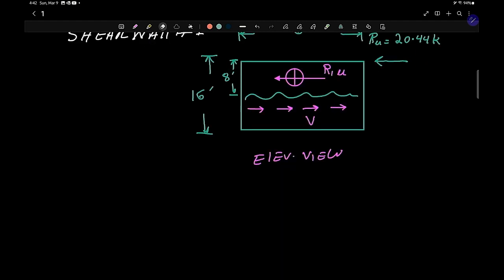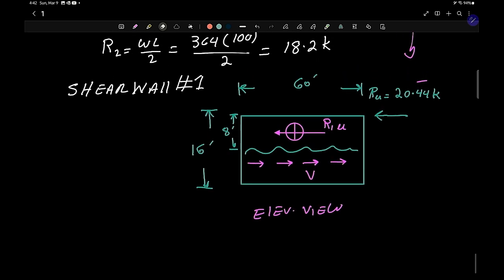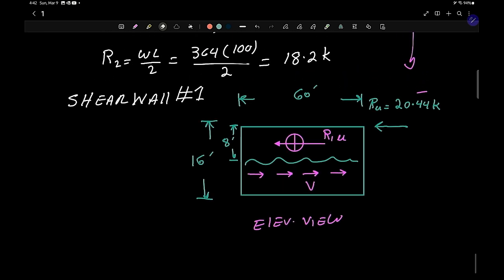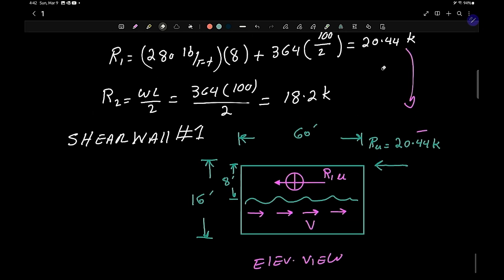Okay, so what we're going to do here is calculate the shear wall number 1. This is the elevation view of the shear wall. As you can see, it's 60 feet by 18 feet. The load that came, we calculated, R1 was 20.44 kips.